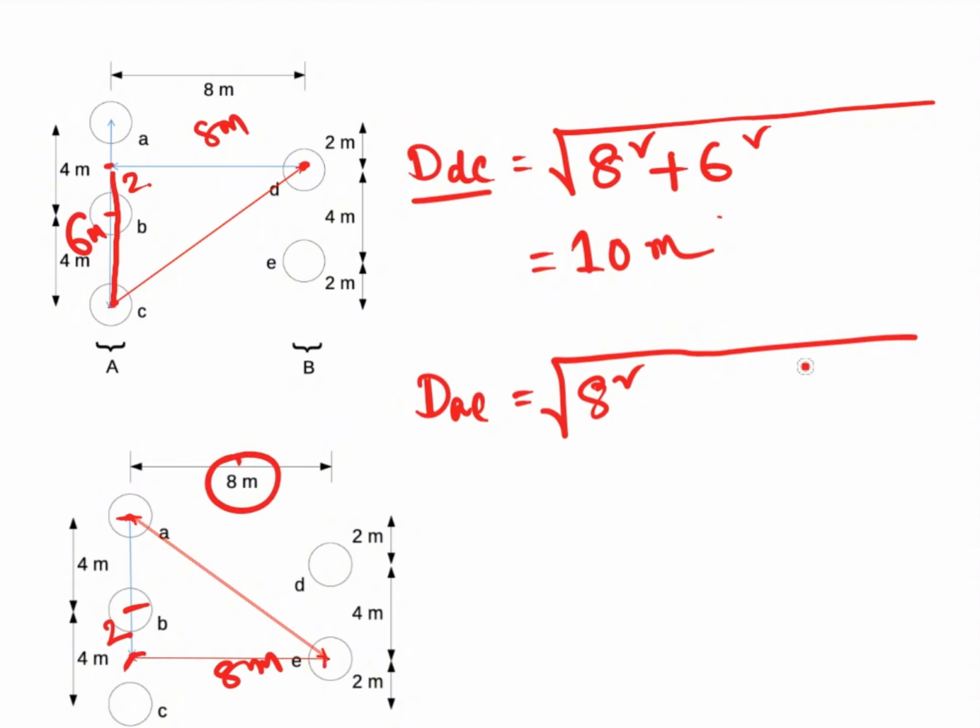Here is the given from the question, and from A to the midpoint of BC up to this much is 6, so 6 squared, so this will be 10 meter.